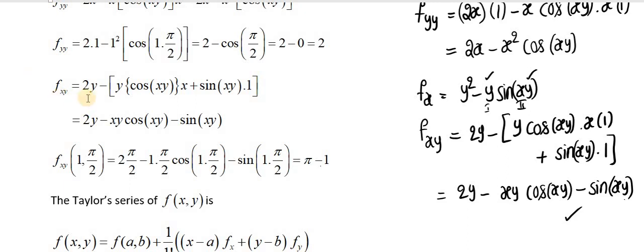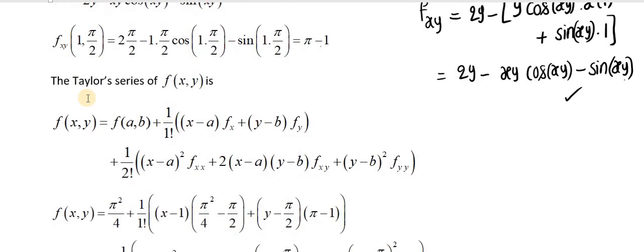The Taylor series is of the form f of x comma y equal to f of a comma b plus 1 by 1 factorial x minus a into fx plus y minus b into fy plus 1 by 2 factorial into x minus a whole square fxx plus 2 into x minus a into y minus b fxy plus y minus b whole square into fyy. So this is the Taylor's series.